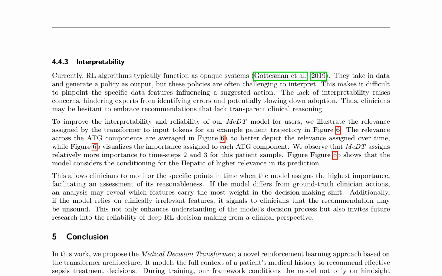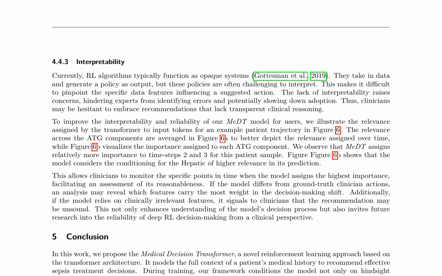The MeDT model assigns relevance to input tokens, allowing clinicians to monitor the specific points in time when the model assigns the highest importance. This is visualized through relevance plots, such as Figure 6, which shows the relevance assigned to each ATG component over time. By considering the conditioning of higher relevance in its prediction, the model facilitates an assessment of its reasonableness.